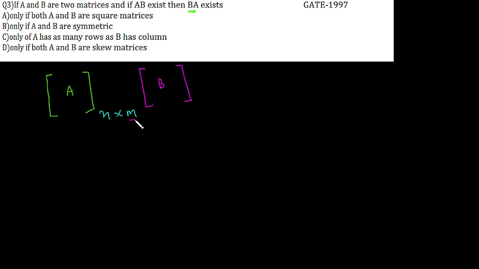So here matrix B has m rows for this AB multiplication to exist, and let's call the columns P. Now you can see AB exists, because this condition is satisfied: the number of columns in the first matrix is exactly the same as the number of rows in the second matrix.